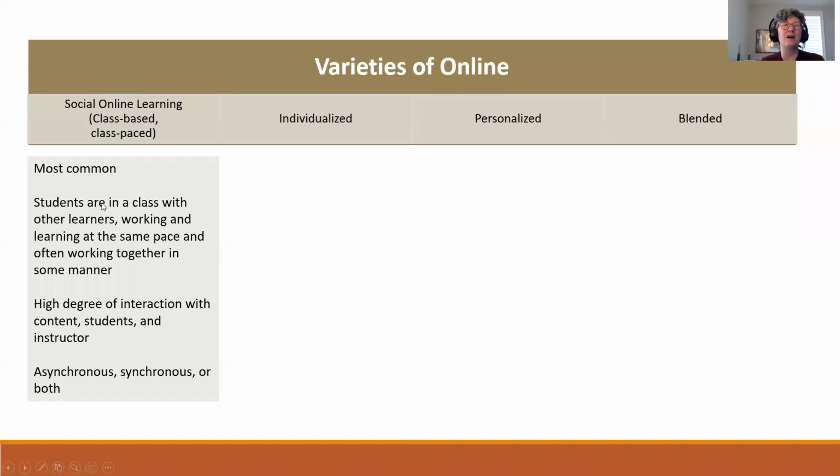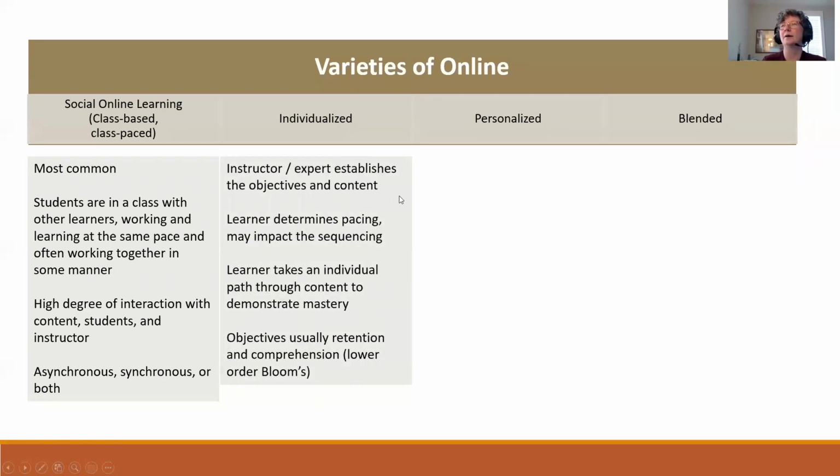This is really the most common thing we're talking about in higher ed. And what this means is that students are in a class together. They're working together. There should be a high degree of interaction between the students and each other and with an instructor. And you can use a blend of asynchronous, synchronous, or both for that.